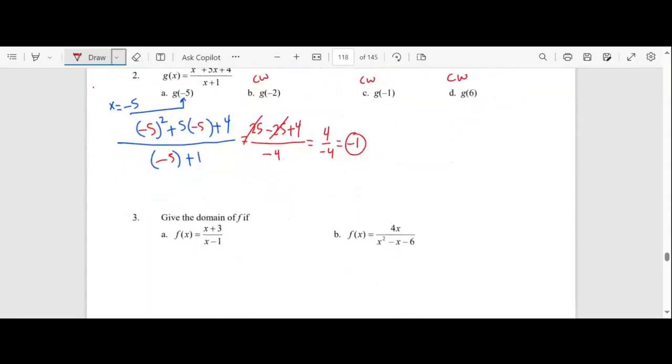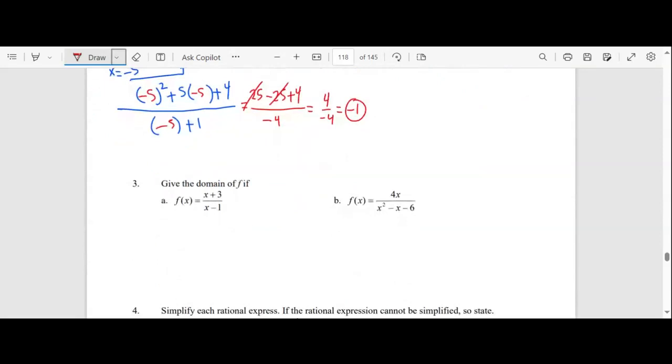Now I'm going to move to the domain. Number 3. What does domain mean? It's always for the x, right? So remember, you are not allowed to divide by 0. Anything divided by 0 is undefined. So you are not allowed to have the denominator be 0.